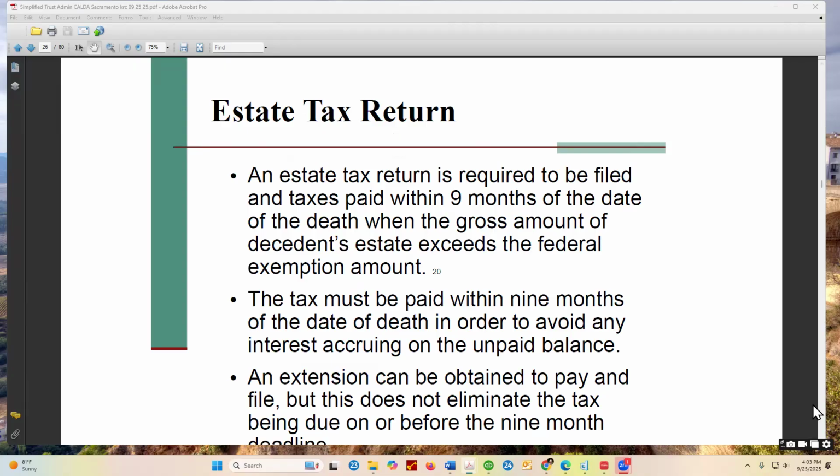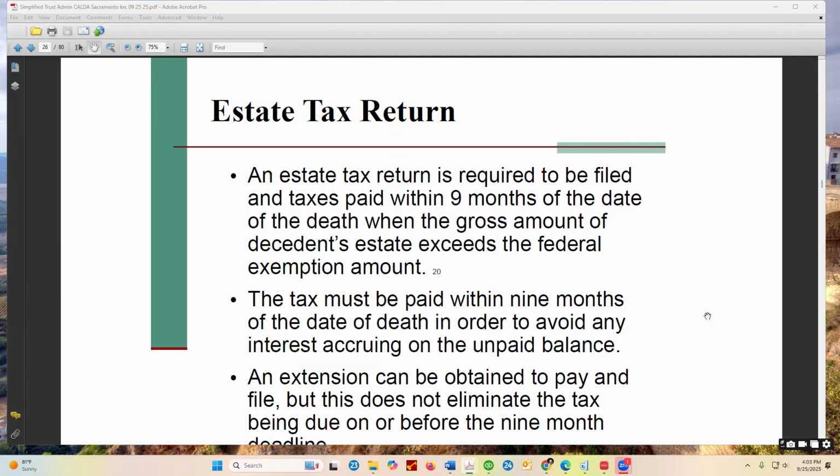Okay, the estate tax return. This is rare these days. This is kind of a misnomer because it's an estate and inheritance tax return, Form 706.